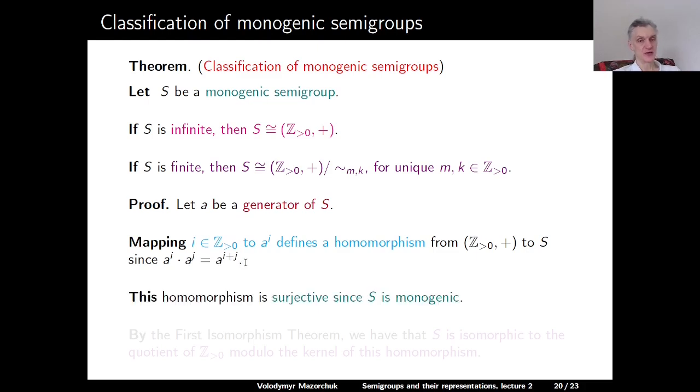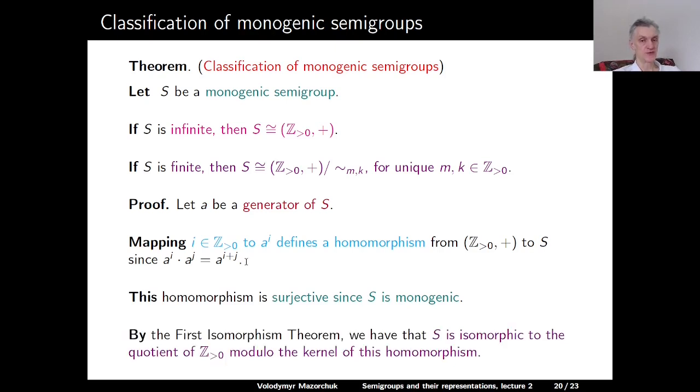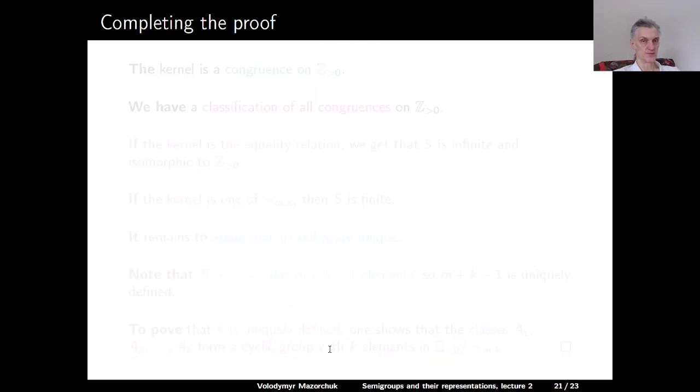It is surjective since S is monogenic, and so by the first isomorphism theorem, S is isomorphic to the quotient of the additive semigroup of all positive integers modulo the kernel of this homomorphism.